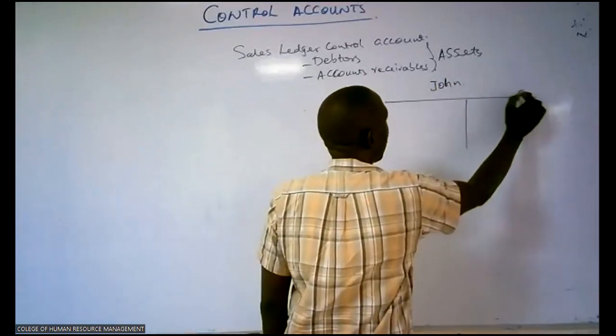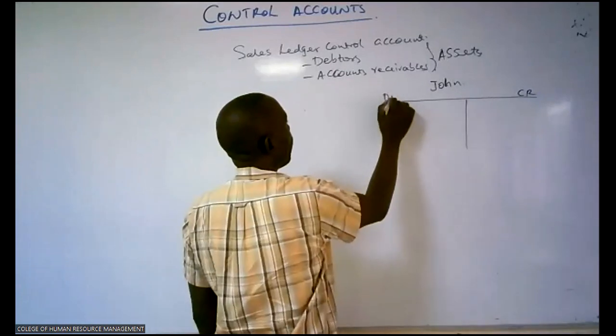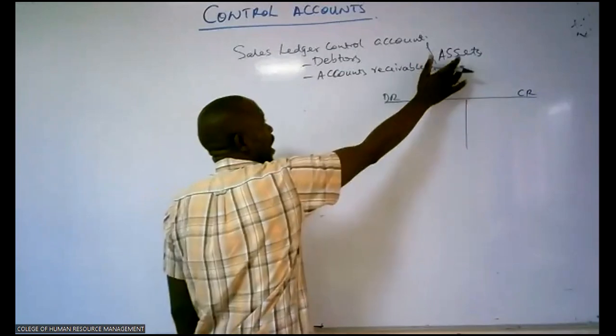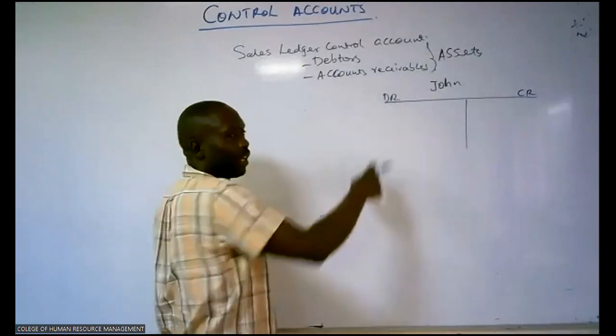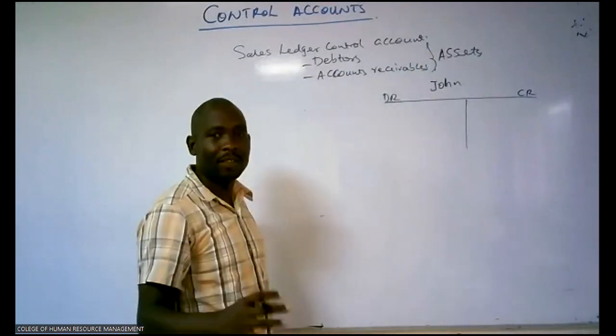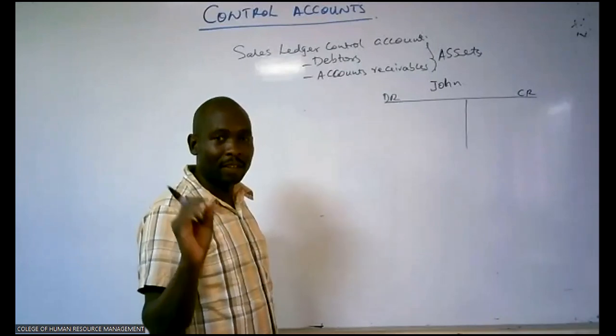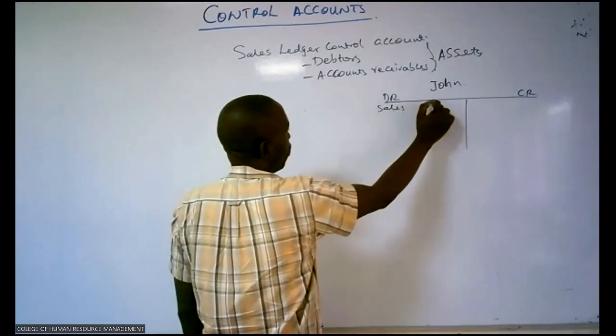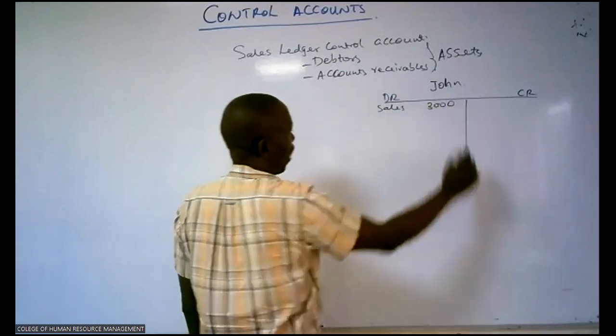When you sell goods to a customer, you open that particular customer's account, whereby you debit, because this is an asset. Whenever an asset arises, we normally debit. Increase in assets, we normally debit. So we shall come here and write sales. Maybe we sold goods worth 3,000 to John.